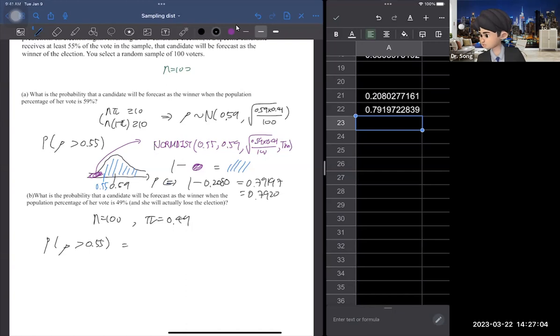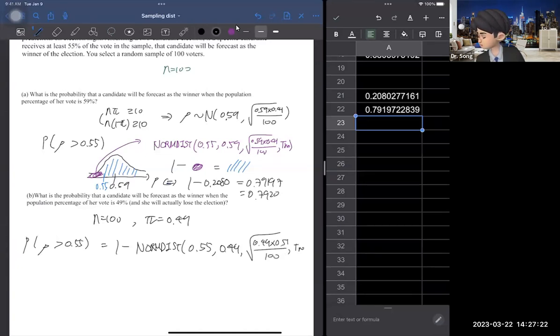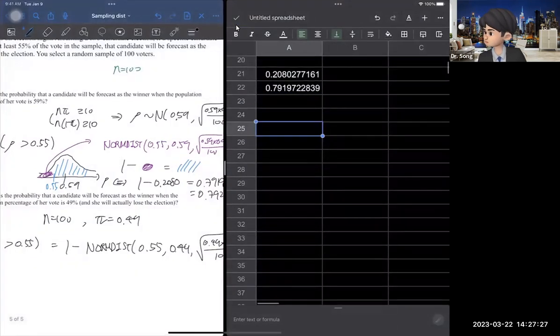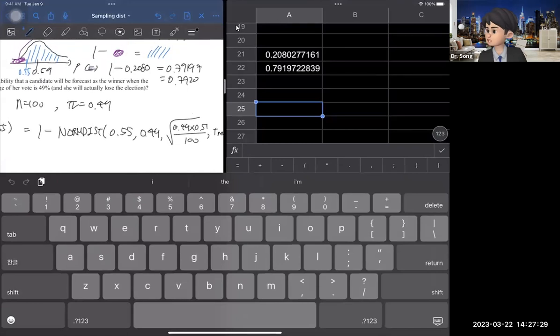Then this is exactly the same as 1 minus NORM.DIST, 0.55, mean equals 0.49, and then the standard deviation is square root of 0.49 times 0.51 over 100, and true. Then you can find the answer. So let me do it real quick. I'm going to put everything in one cell.